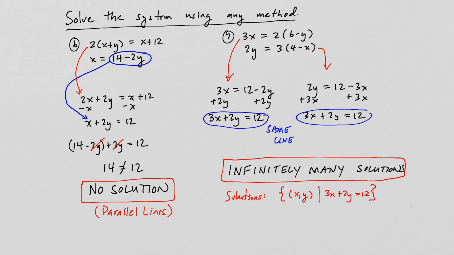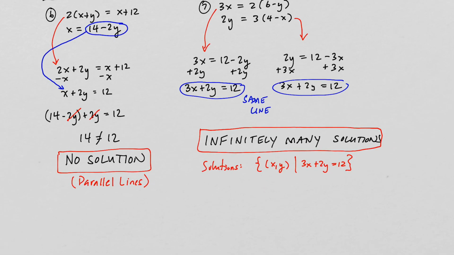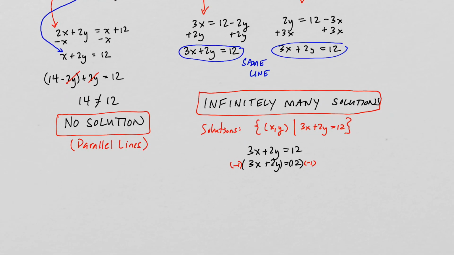Now, if you didn't recognize that right away, of course, you could have taken those two equations, which they're the same, so it looks a little strange here. And if you multiplied one of those equations by -1, then what you would get is 3x plus 2y equals 12 for the first equation, and -3x minus 2y is -12 for the second equation.